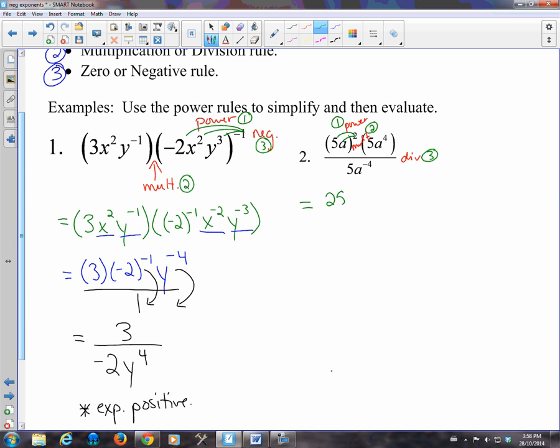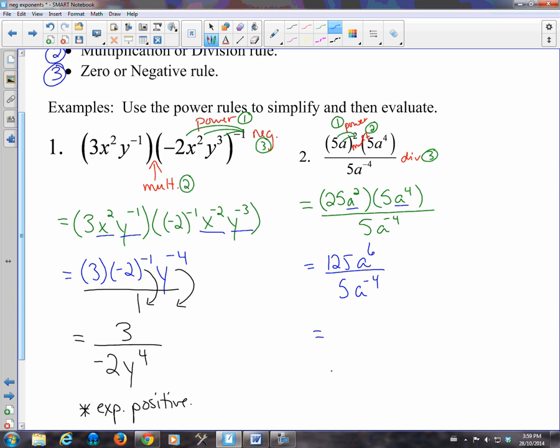So I have 25a squared times 5a to the 4th over 5a to the negative 4. Second thing I do is my multiplication. So I have 25 times 5, which is 125. I'm multiplying the same base, so I keep the base and I add the exponents. 2 plus 4 is 6 over 5a to the negative 4.